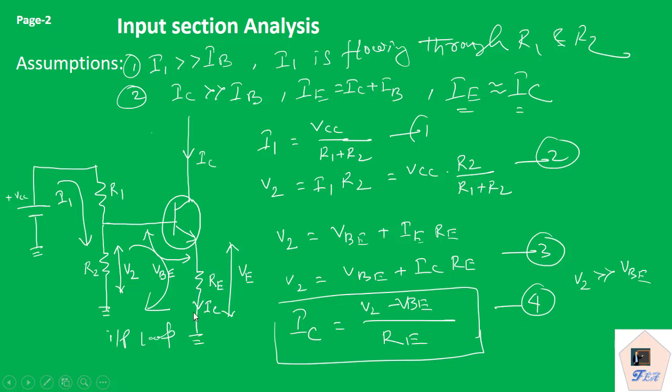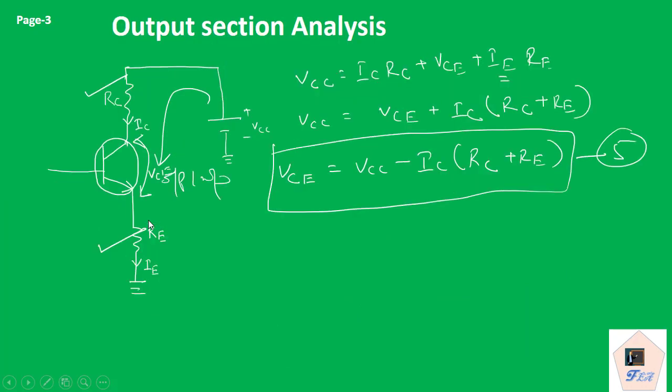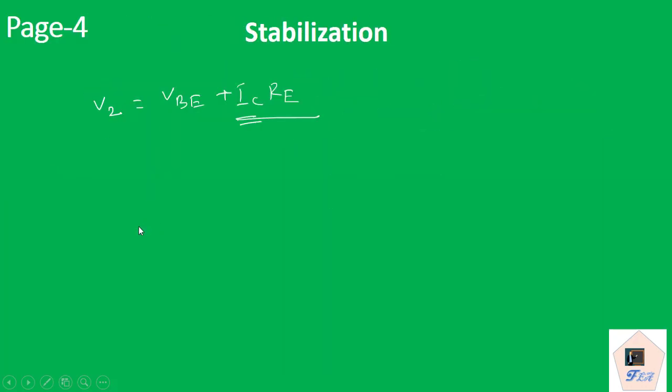Now, if drop across RE increases, that in turn will have effect on VBE, and that will eventually bring down the IB. So, if IC increases, then IB will become lesser. As a result of that, we know IC is equal to beta IB. Now, if IC increases, IB will decrease. Now, if IB decreases, that will further bring IC down.